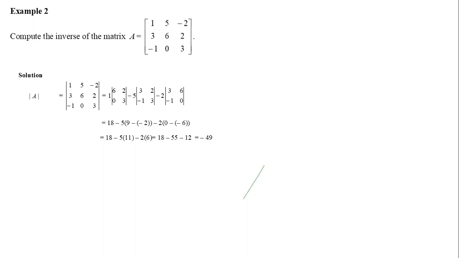Let's see, everybody. We want to find the determinant. Aisha said -14 and I have -49 in my slide. If I pick 1, I have the determinant of that 1 to be 3 times 6 is 18.